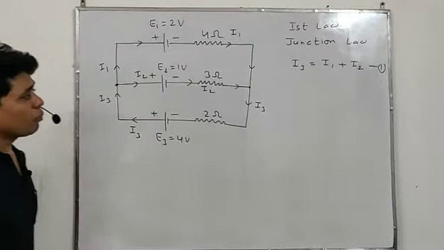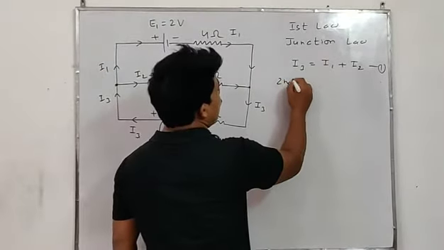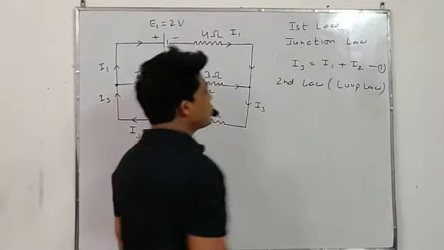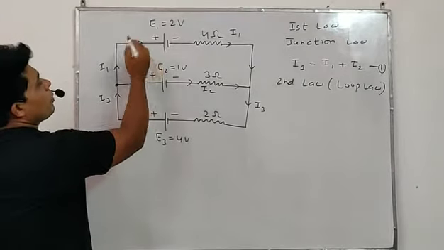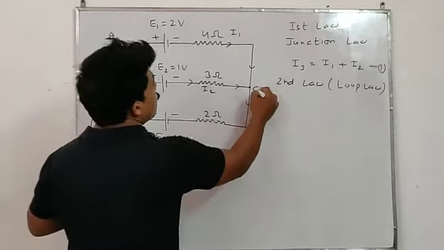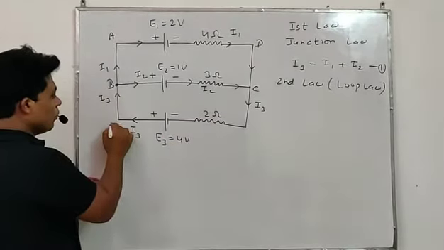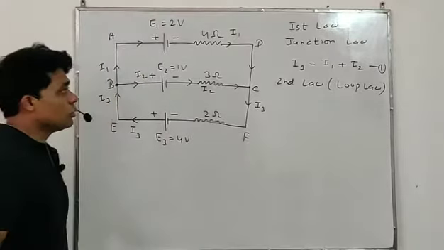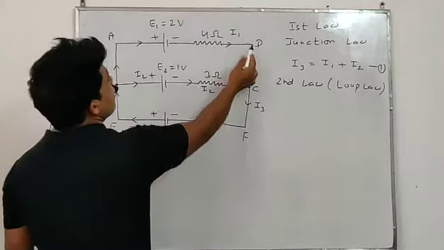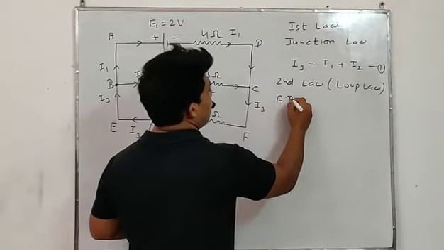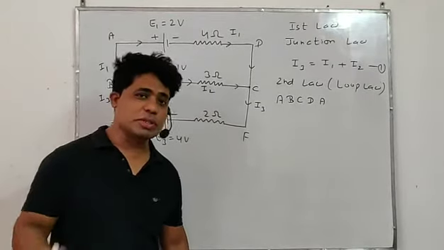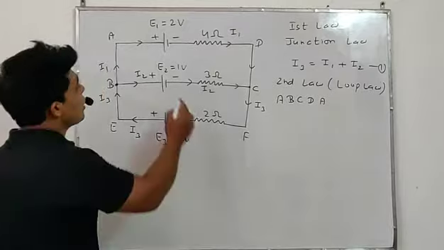Now students, I am going to apply the second law, Kirchhoff's second law, the loop law. In which loop? Look, in this upper loop. We'll name the points A, B, C, D, E, F. So I'm going to apply Kirchhoff's second law in loop A, B, C, D, A. We'll start at the positive terminal and end at the negative terminal. So let's start.